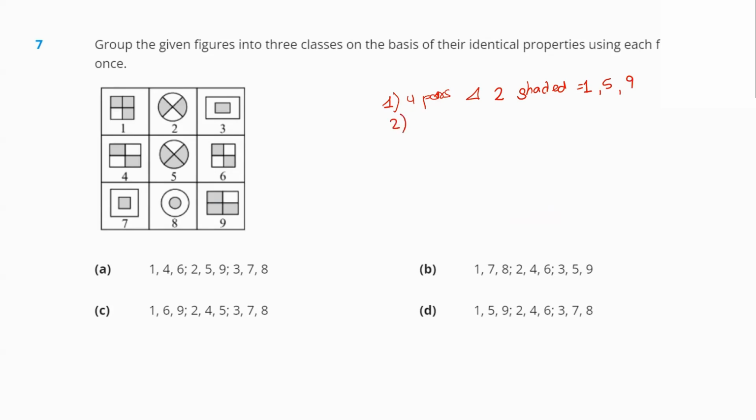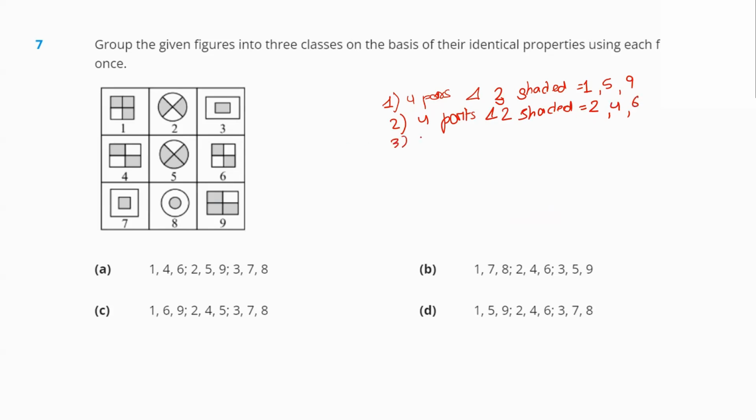In the second, we can take 4 parts. In this, it is 3 parts shaded. It is 2 parts shaded. So we'll get 2, 4, and figure number 6.